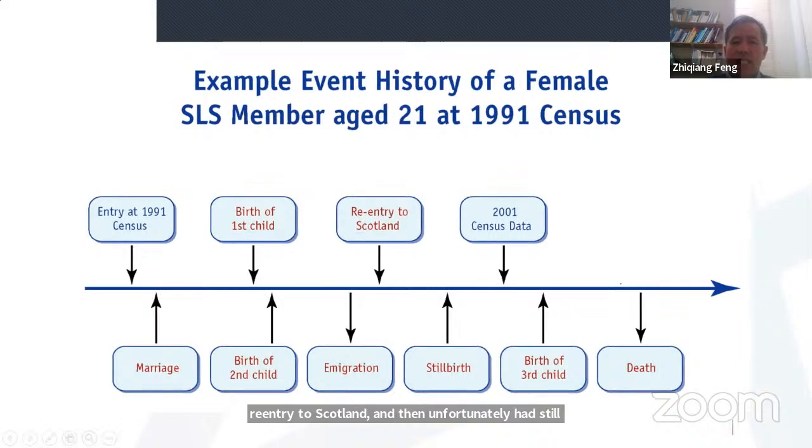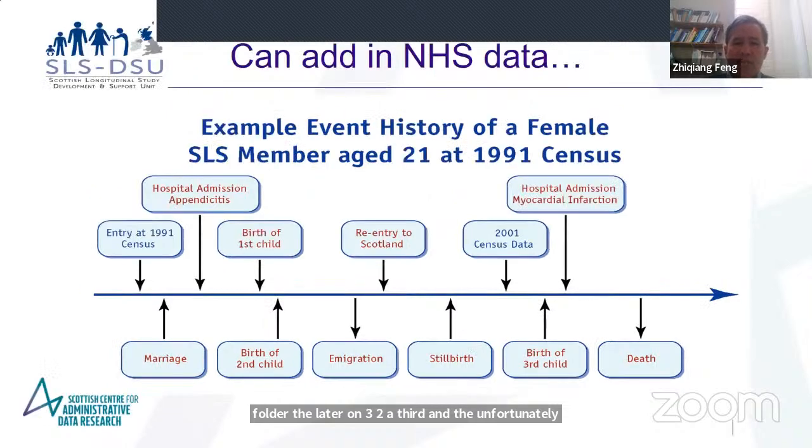We also had census data for her, and later on she gave birth to a third child, and unfortunately died at a later stage. If we link to NHS data, we would have hospital admission data, and we actually know what treatment she's been subject to.